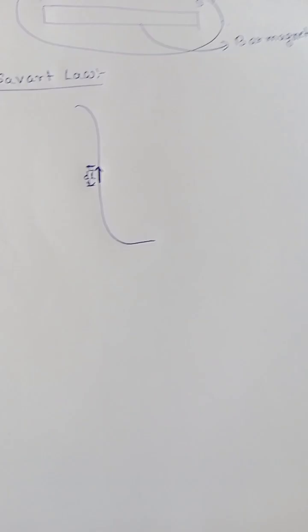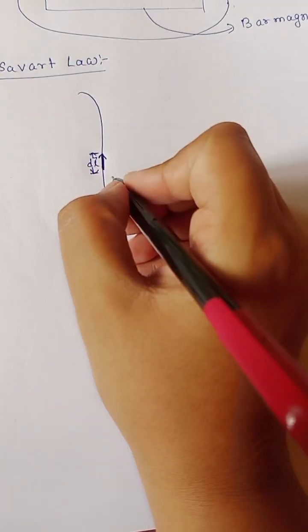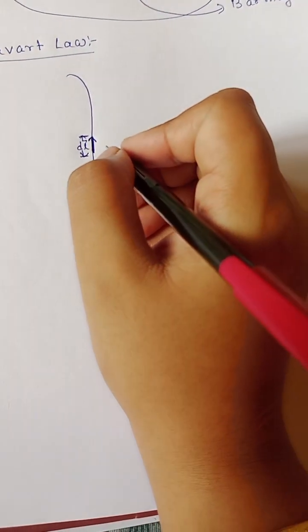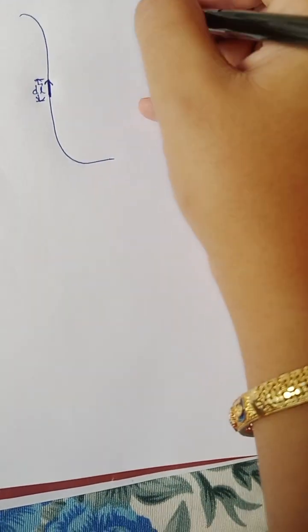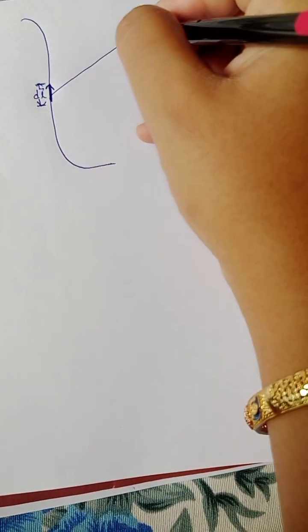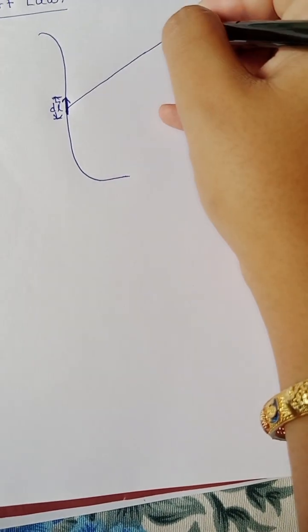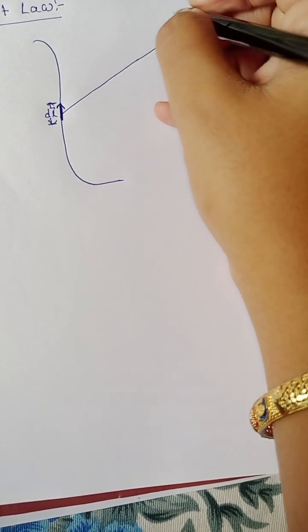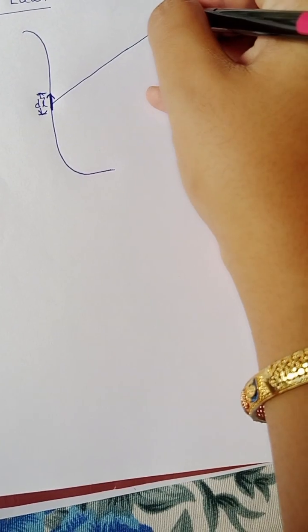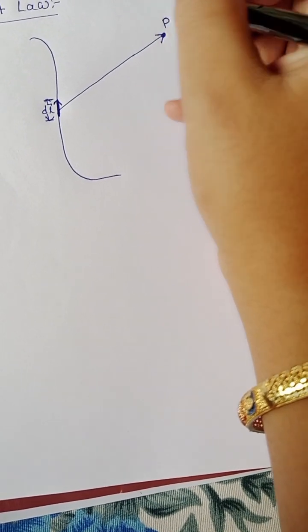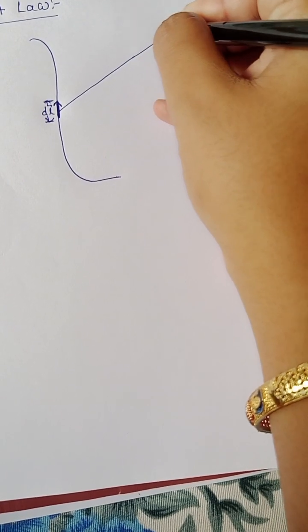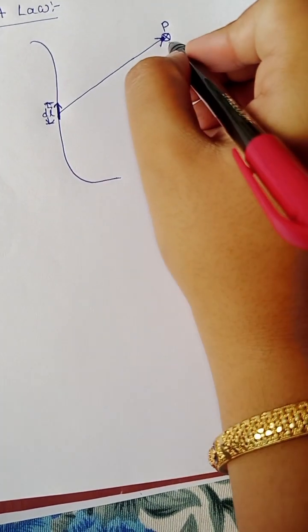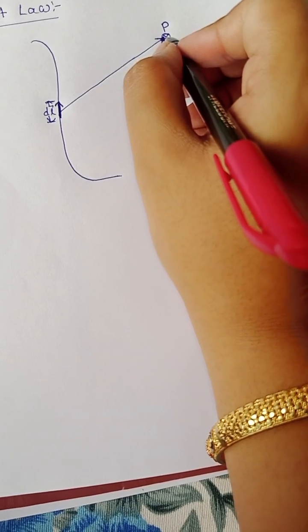Clear? Now let us consider a point P. Suppose that from this current element I have considered one point P. The cross symbol means a magnetic field is present here.